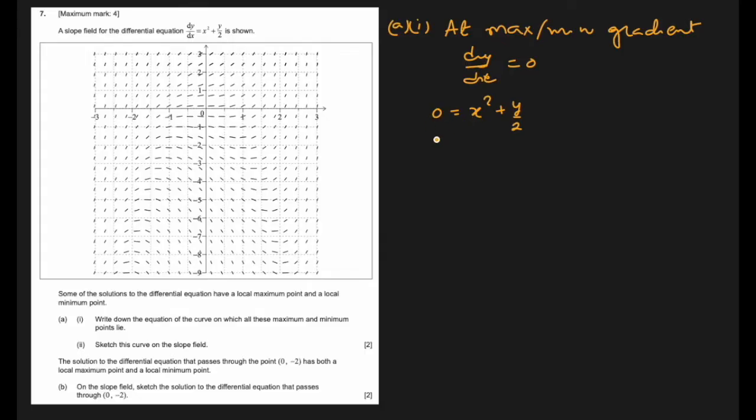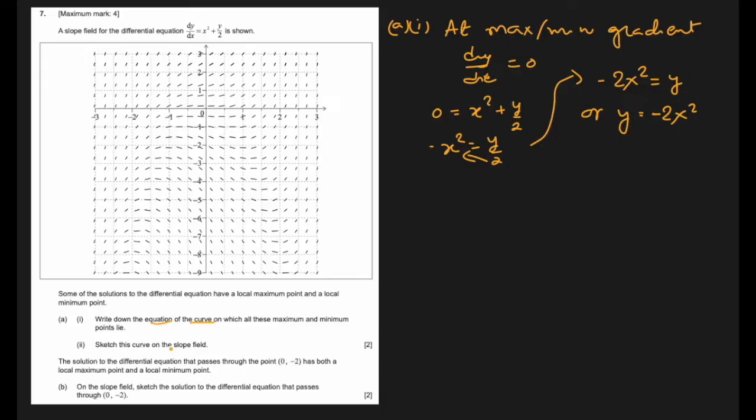Let's bring x squared to the left side, so it becomes minus x squared equal to y over 2, and cross multiply here, and we can write our answer: minus 2x squared equal to y, or y equals minus 2x squared. This is the equation of the curve on which all these maximum and minimum points lie.